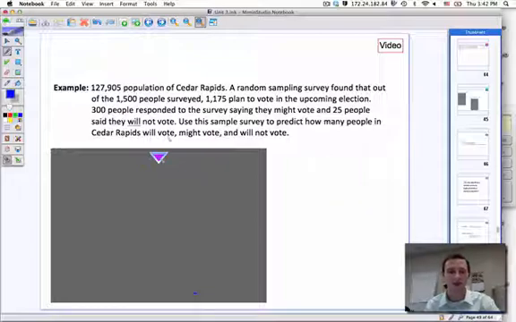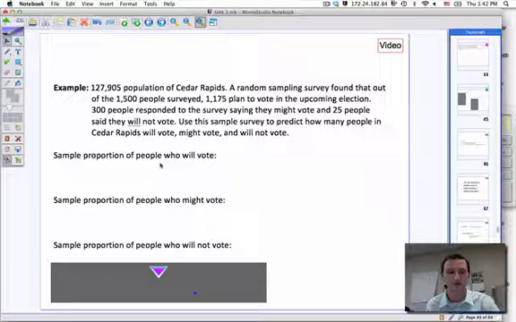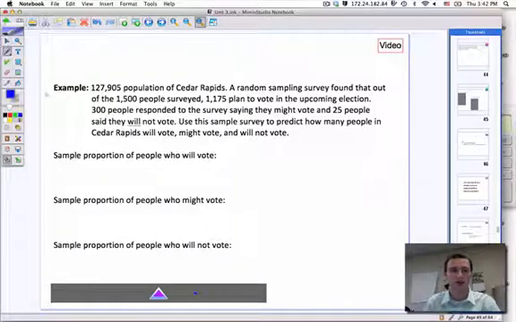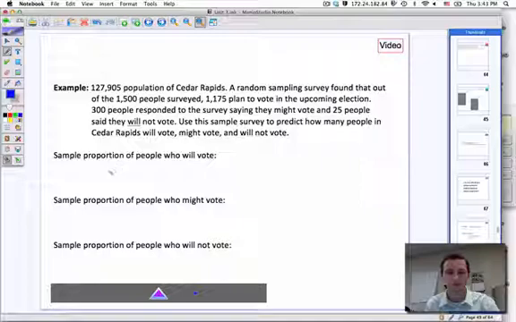So we can use the results of this survey to make generalizations and make predictions about the overall population of Cedar Rapids. In order to do this, we need to find sample proportions. So we need to find what proportion of the 1,500 plan to vote.